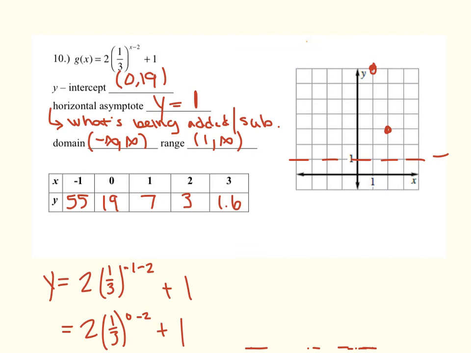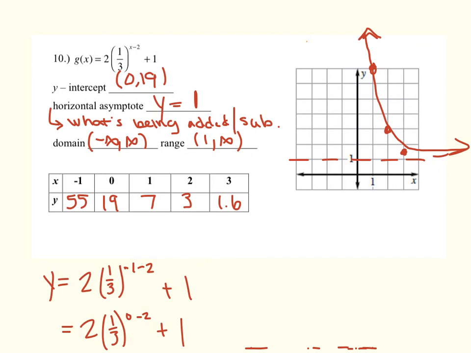And be careful, don't do what I just did. You don't want to count from your asymptote, you want to count from your actual axis. So then it just comes down right along that asymptote and continues on.